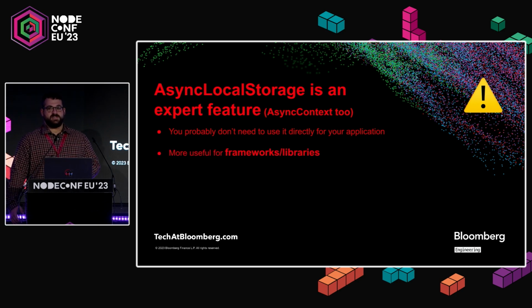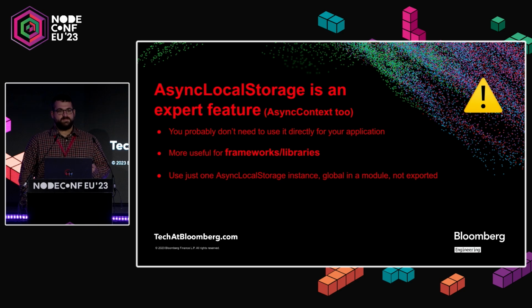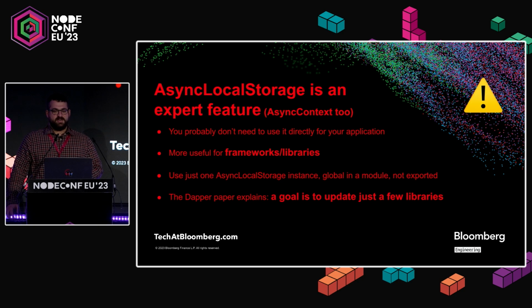It's more useful for libraries and frameworks. If you do need to use it, you probably just need to use 1 or maybe 2 variables, because you only need to change to a different variable when you're changing what the scope is of how frequently you change what the variable's value is. You can use an object that has multiple things in it to point to different aspects of it.